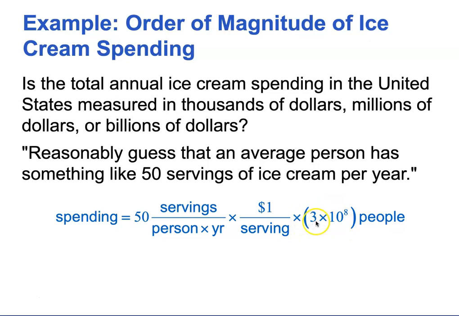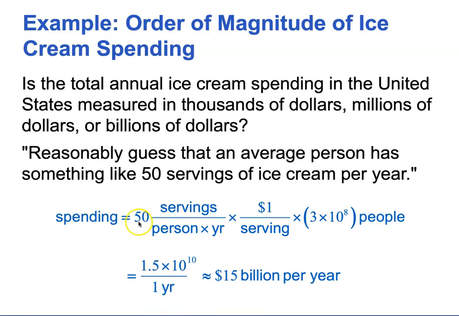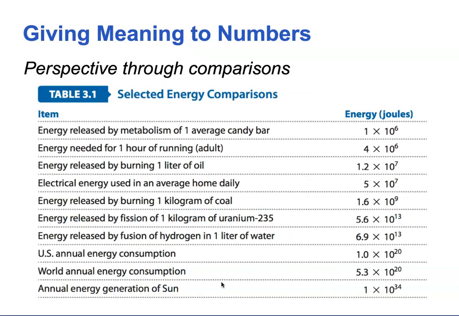You would have to take the decimal after the 3 and move it 8 afterwards to see it in standard form. So then you get 50 times 1, and then you get 1.5 times 10 to the 10th power, which is, when you think about that 10, if I moved it 10 over, approximately $15 billion per year on that one.